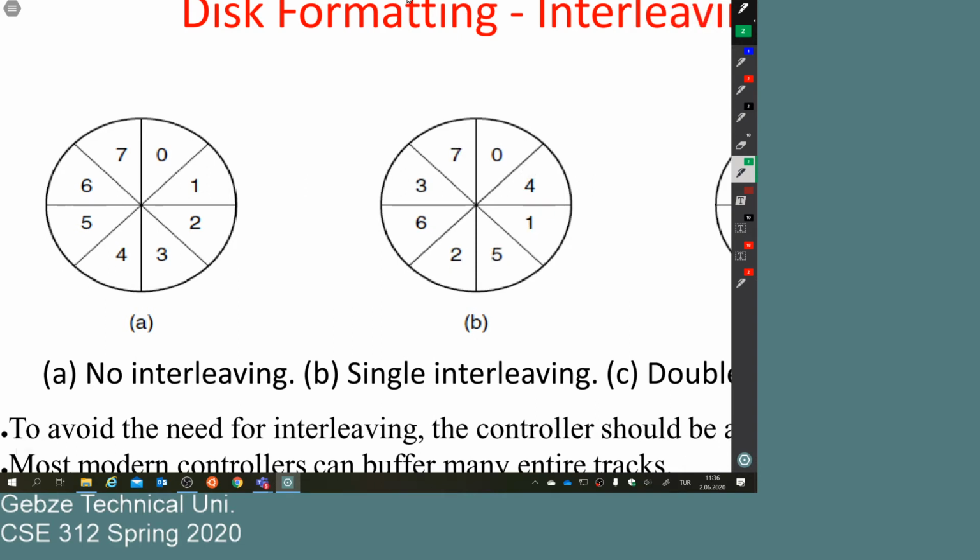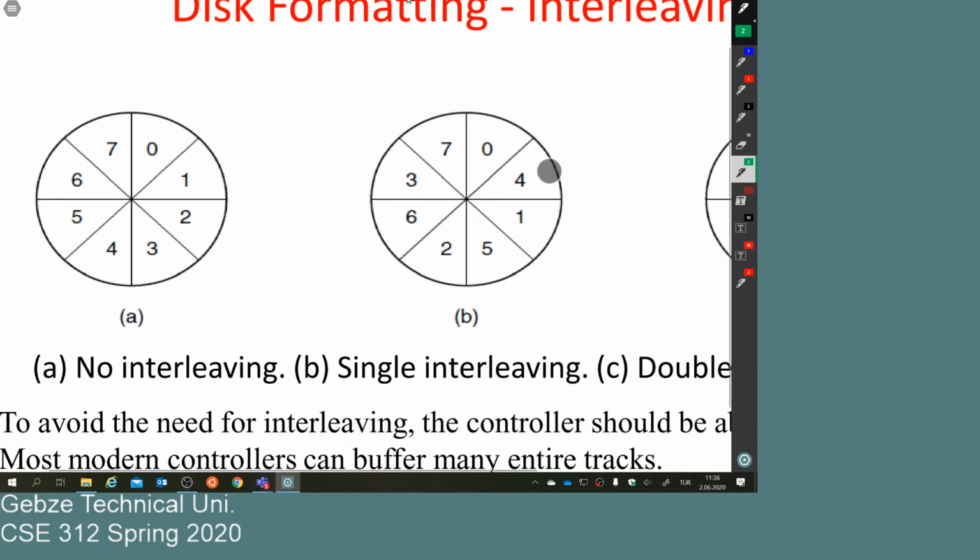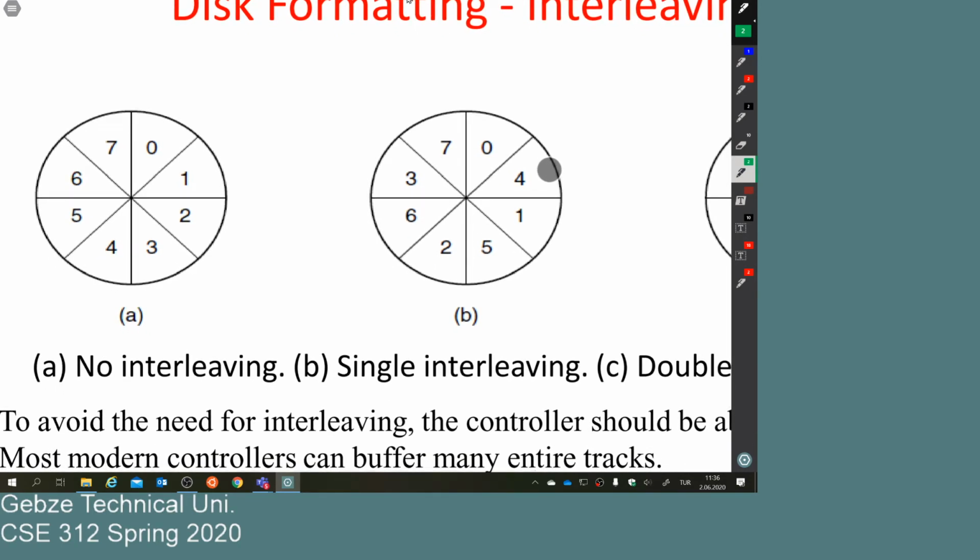There is only one sector difference between these two. So I read sector number 0 while I am calculating stuff, calculating the ECC, transferring the data, filling in the buffers.